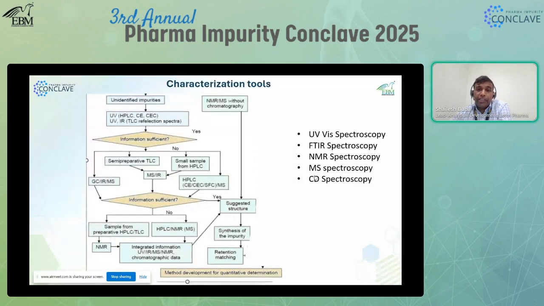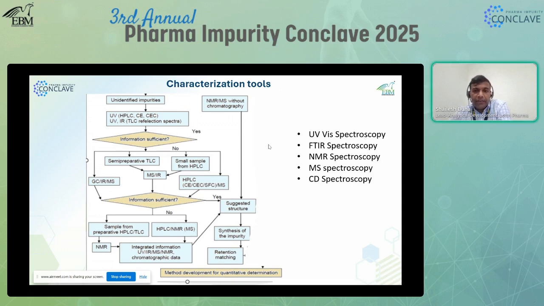And what are the characterization tools we generally use? When we have identified unknown impurities, we go through the separations, then small scale HPLC isolations, and then MS and IR for sufficient spectral information. Then we go with NMR, mass, and IR, and combine these three techniques to determine structural information.